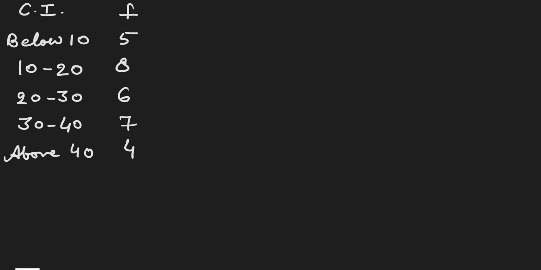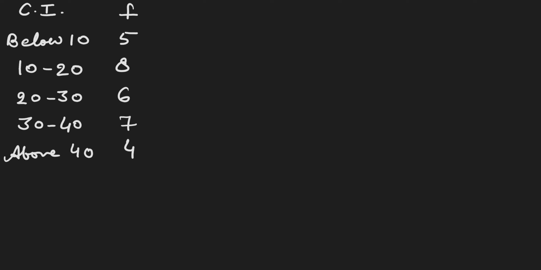So this is an example of an open-end series in which we have to calculate arithmetic mean. In this you can see that both ends are open: the lower limit of the first class interval is not given and the upper limit of the last class interval is not given.